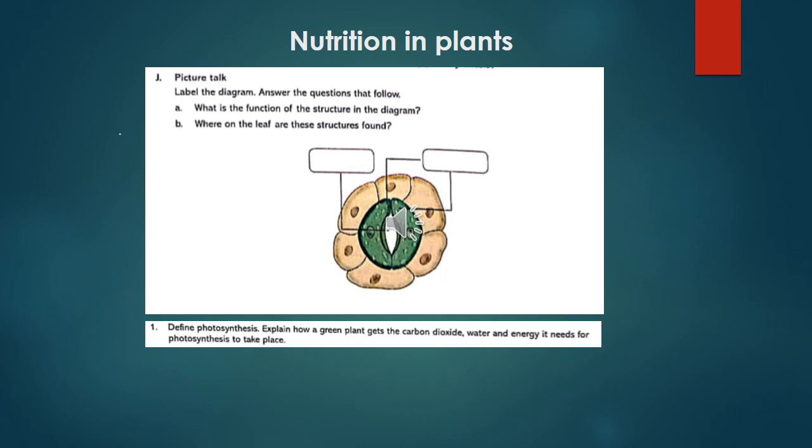This stoma has some tiny pores, and through these tiny pores carbon dioxide from the air can enter. And when water transpiration takes place, then from this stoma the excess water can go to the atmosphere through transpiration.